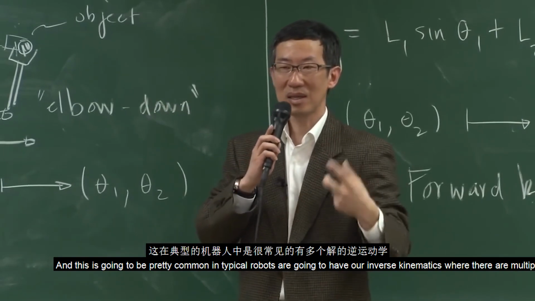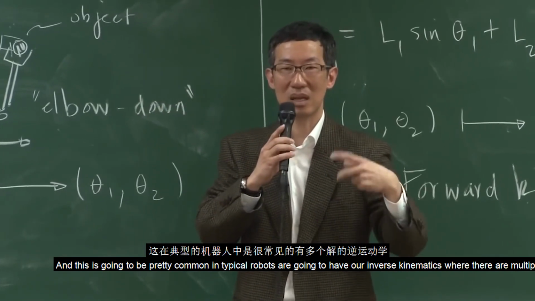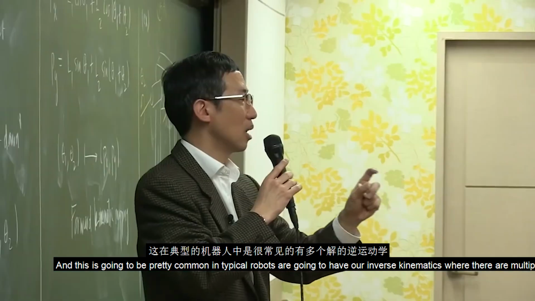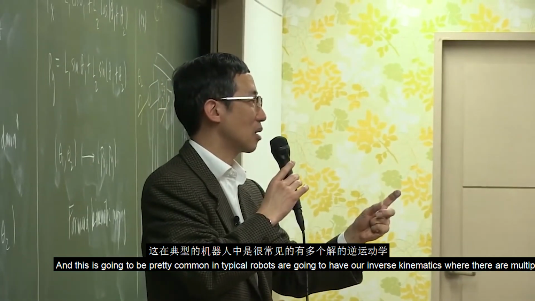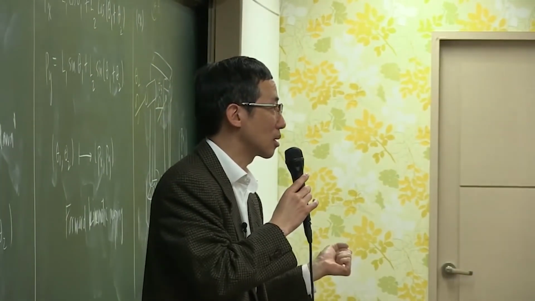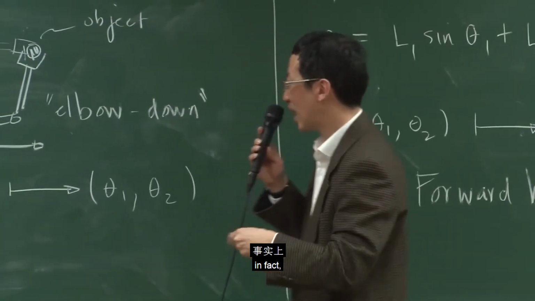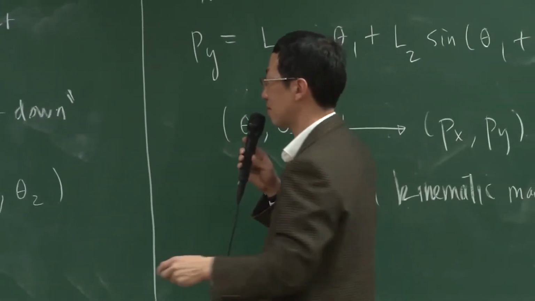And this is going to be pretty common. In typical robots, you're going to have inverse kinematics where there are multiple solutions. In fact, it can get quite extreme.